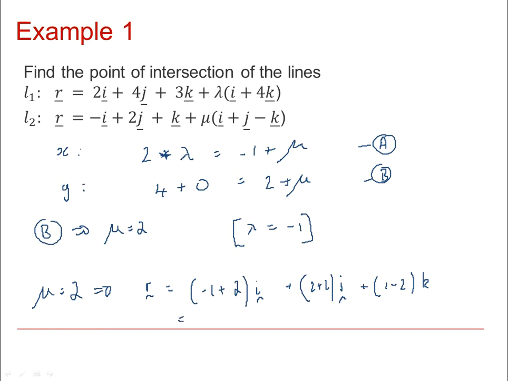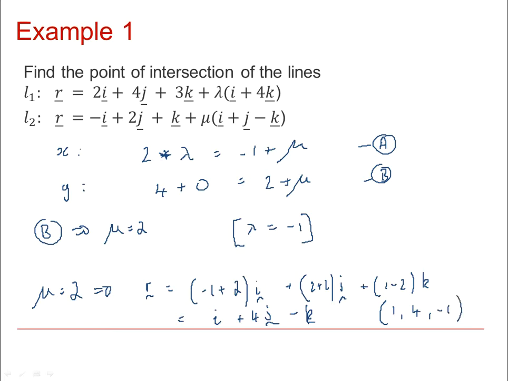So that gives us i plus 4j minus k, and the point of intersection is therefore 1, 4, -1.